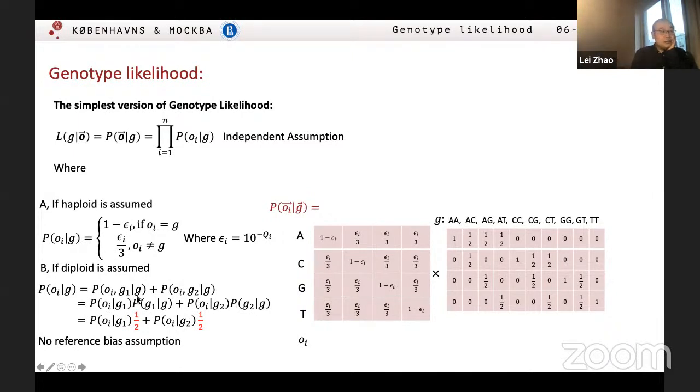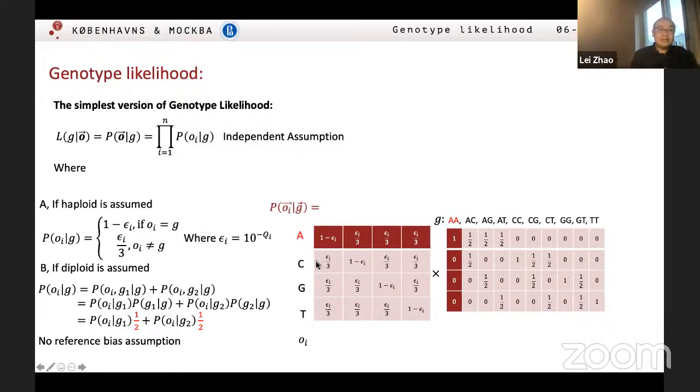And if you want to calculate it in a matrix way, it looks like this. So this is all possible genotypes. And here is maybe a specific base you actually observed. So this value, if you multiply this row with this column, basically this means the genotype likelihood of AA if you observe a single A read.